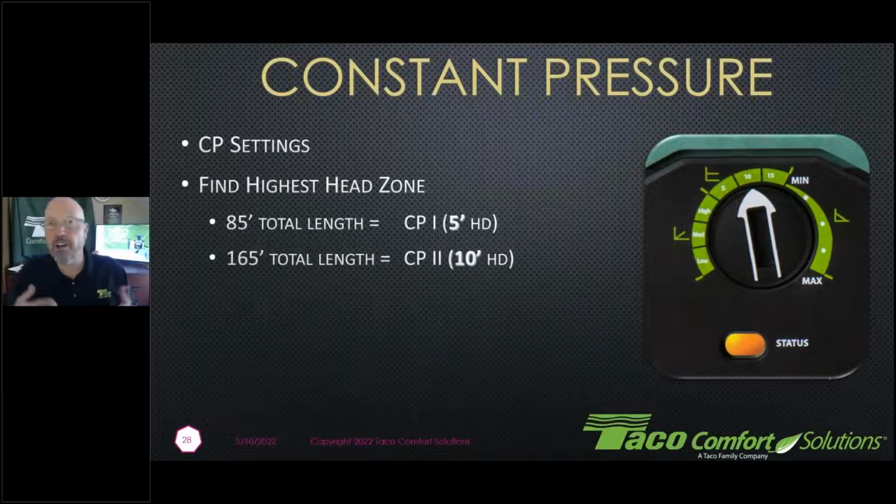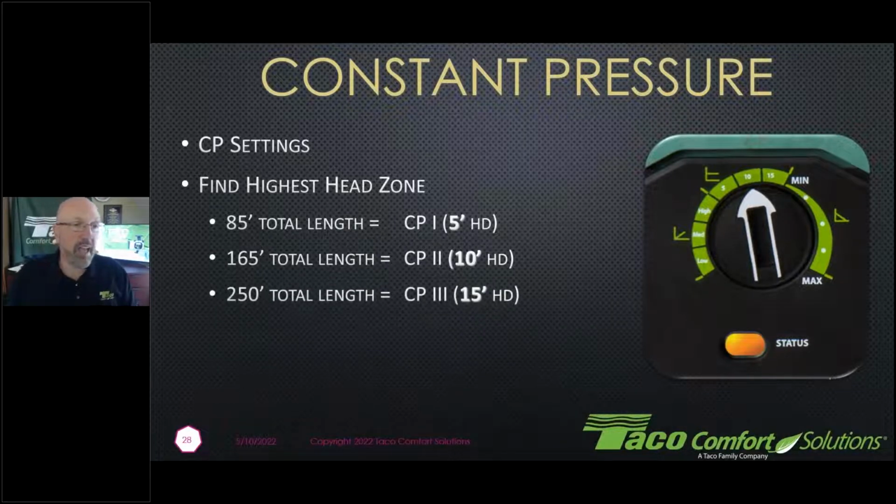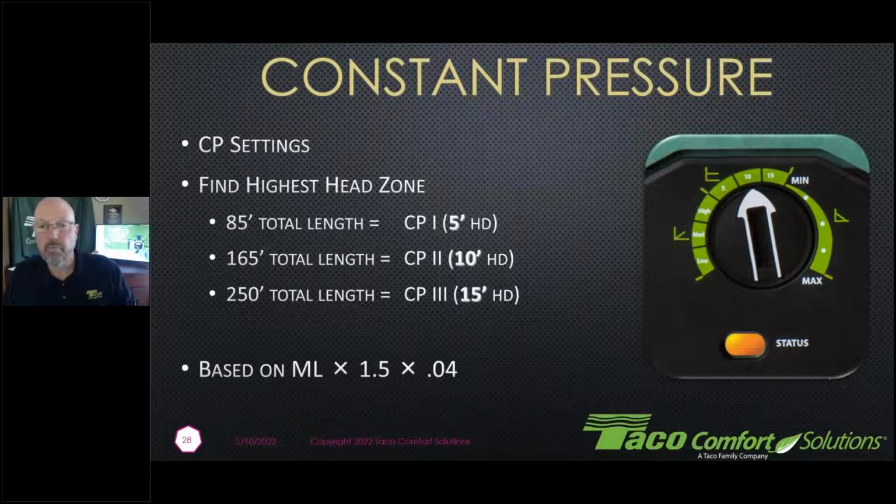If you're around 165 feet in length, we're going to be around 10 foot of head. And if you're heating the neighbor's house, we're going to need about 15 foot of head. 250 feet of pipe, I'm not saying it's impossible, but that's a really long loop length. But if you're over 165 feet, but under 250, then you're going to set this circulator at 15 foot of head, constant pressure.